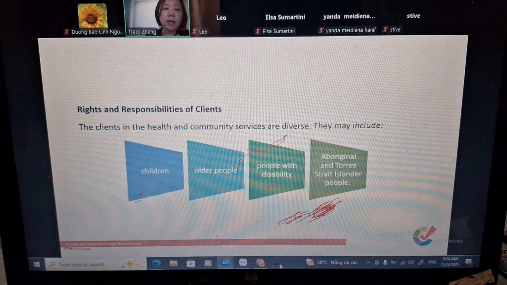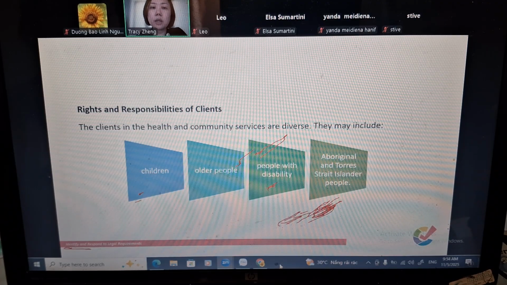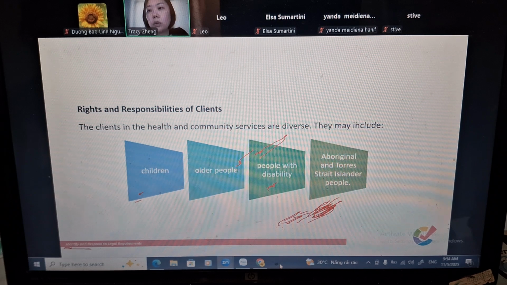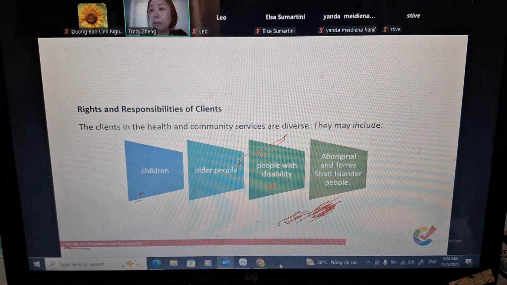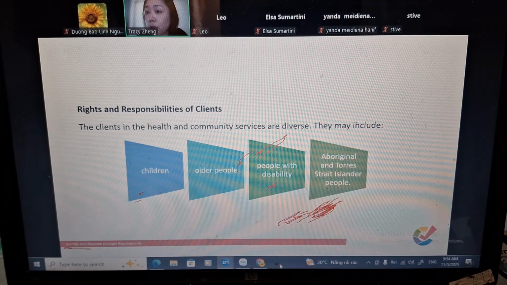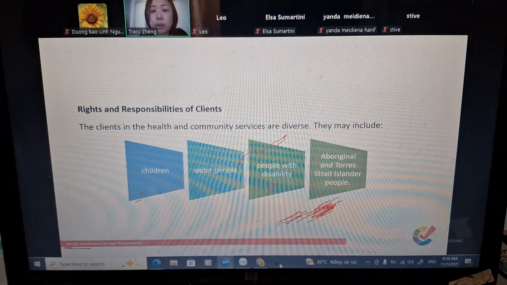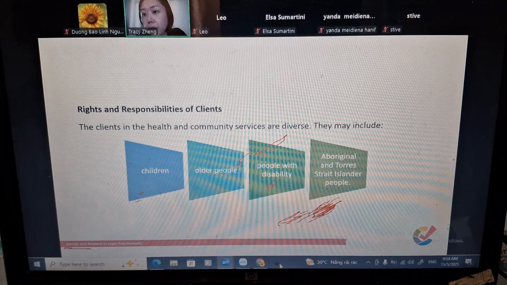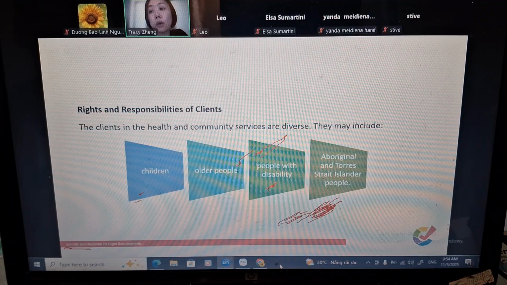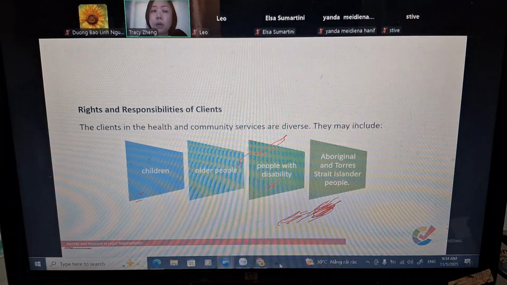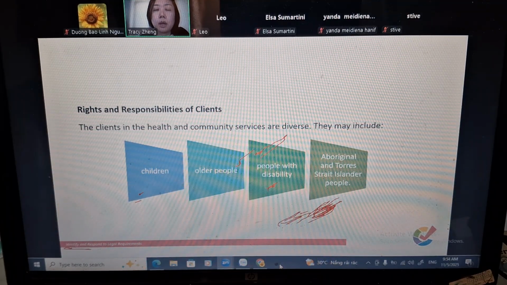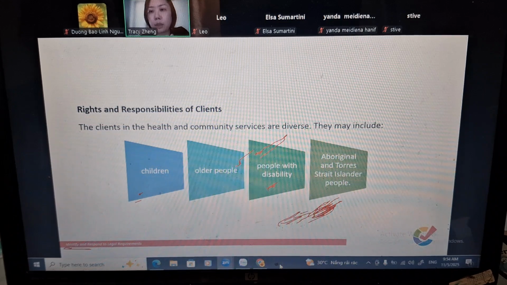So as we say, in health and community services, we are not only working with our clients who are elderly people. We may also have the chance to work with children or people with disability, or Aboriginal people and also Torres Strait Islander people, right? So you must fully understand the client's rights and encourage our clients to also hold their responsibilities.